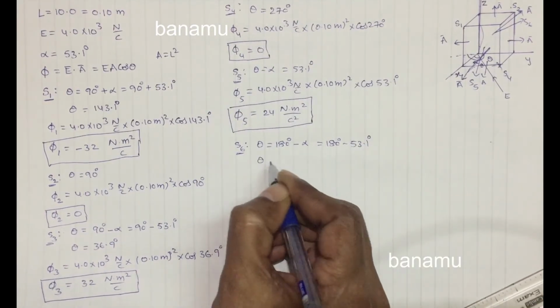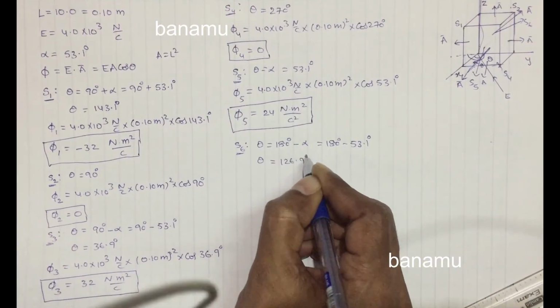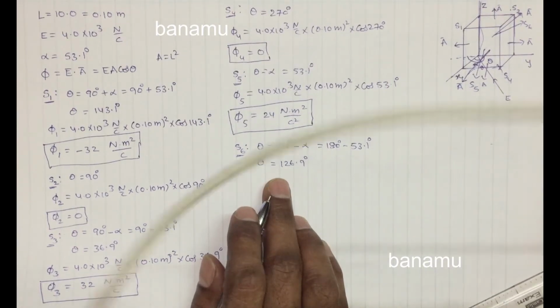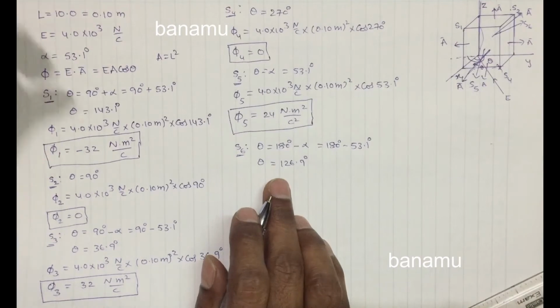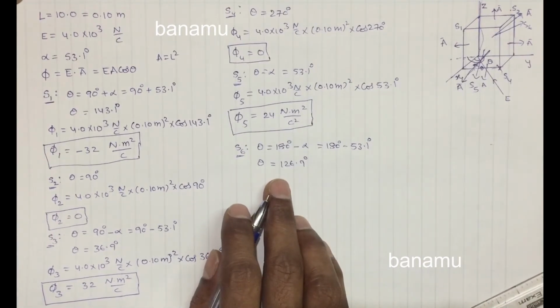So theta is equal to 126.9 degrees. This is the angle between the electric field and the unit normal vector for surface S6.